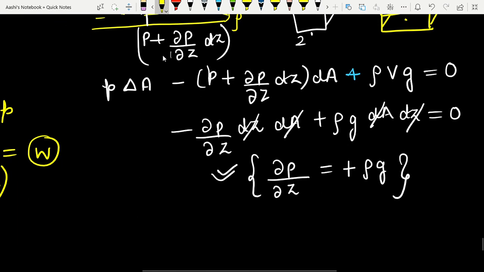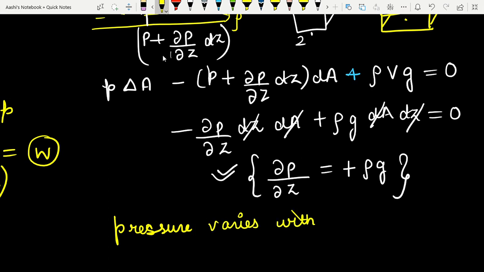So now you can write down, what does it say? Hydrostatic law says that pressure varies with depth. And how does it vary?